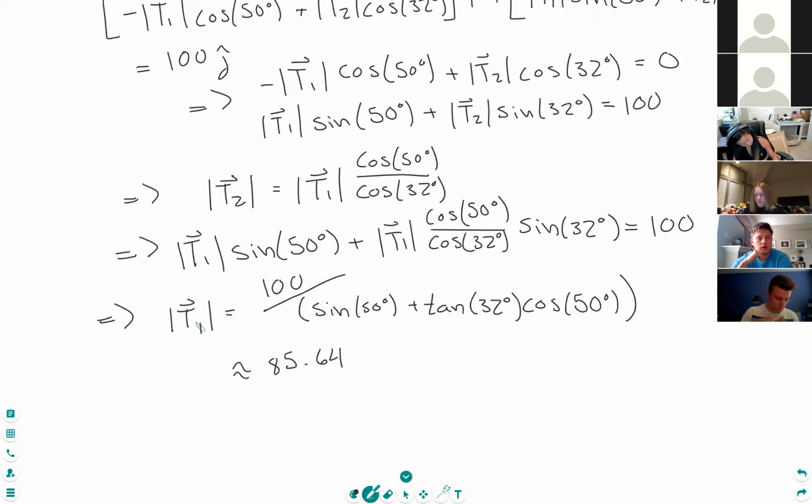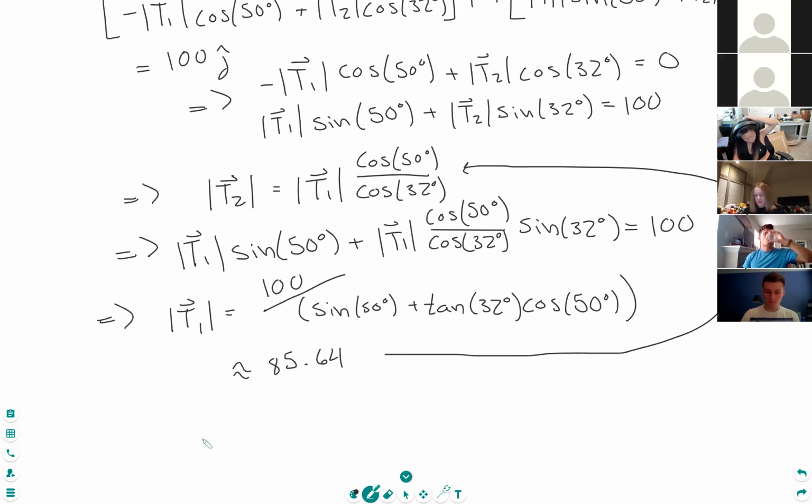So now, based off of this relationship, we now have what the magnitude of T1 is. Well, T2 relies on T1 from our expression up here. So we'll just go ahead and plug that one in. So that means that the magnitude of T2 is approximately 64.91.